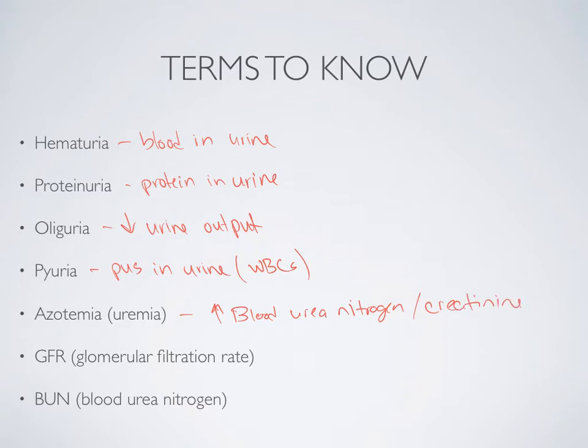And these are two chemicals that are normally filtered out by the kidneys. And so when the kidneys aren't working, urea and creatinine increase in the blood because they're not being filtered out. So by measuring the relative amount of BUN or creatinine, we get an indication of the glomerular filtration rate, or the rate at which the kidneys are filtering the blood.